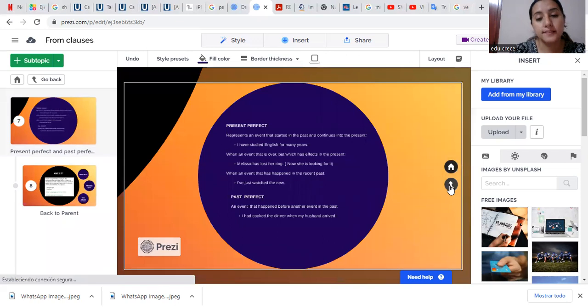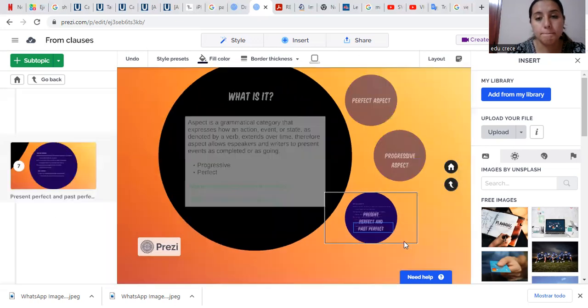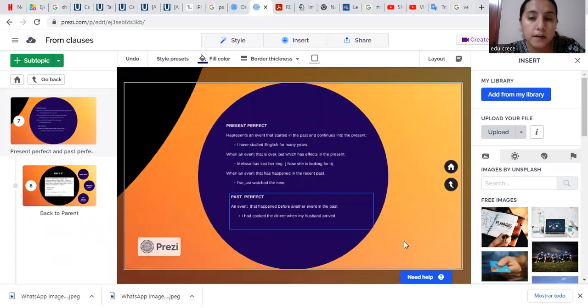The next is present perfect and past perfect. Present perfect is used in different situations, times or circumstances. For example, the first represents an event that started in the past and continues in the present.